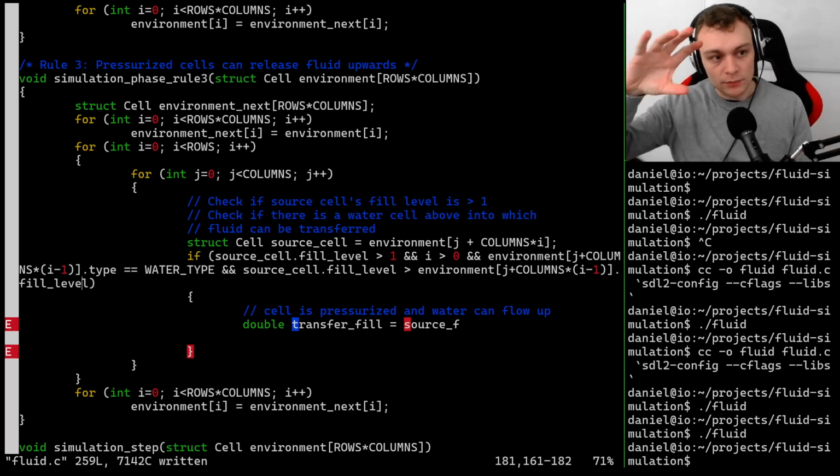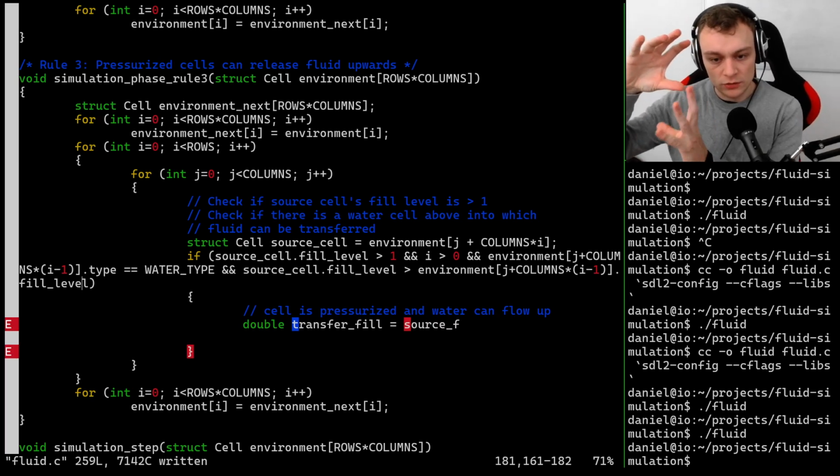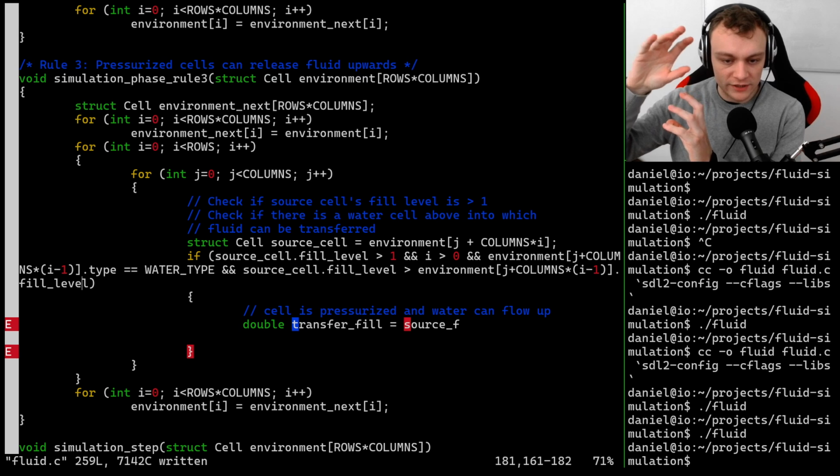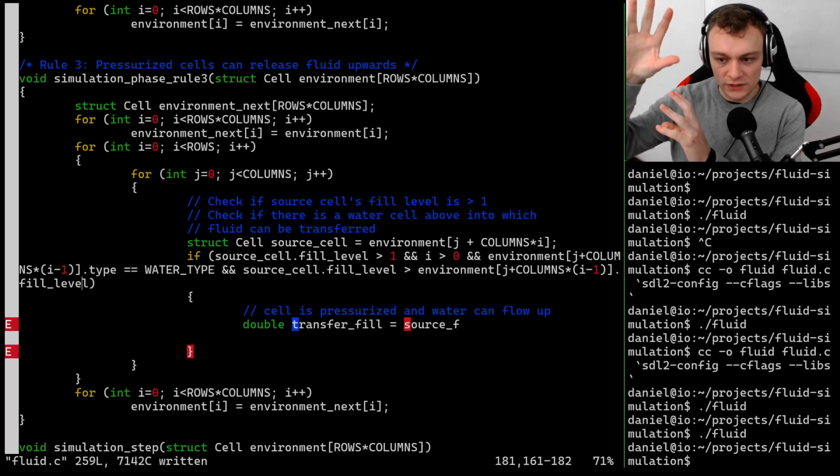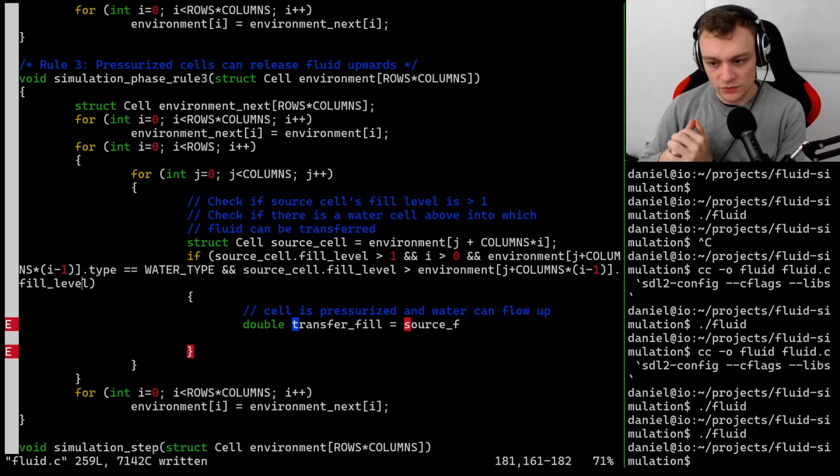Because if the cell above has more liquid than the cell below, even if both have liquid levels bigger than 1, then first the cell above should release its fluid and not the cell below. So, yeah.